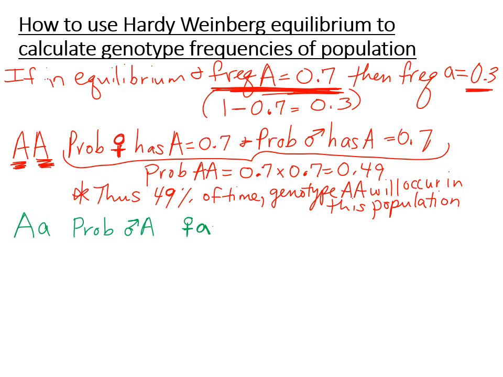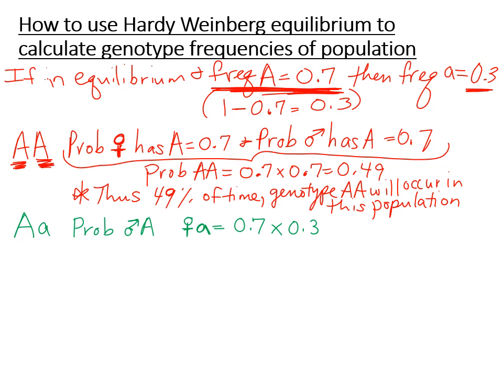Well, that probability is 0.7 for capital A, times 0.3 for lowercase a. And I'll erase those just so that you don't think I'm dividing by anything in your notes, but that was to show you what the 0.7 and 0.3 were for, okay? Now, is that the only way that you can get a heterozygote?